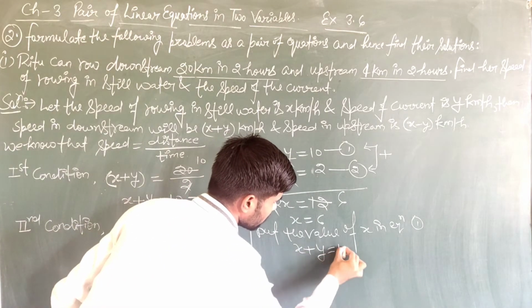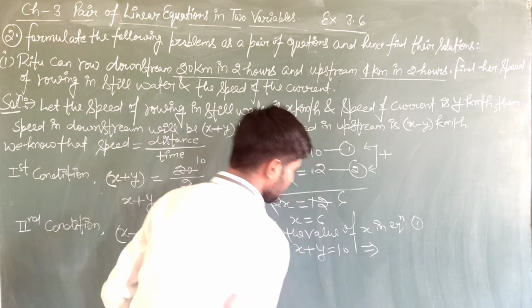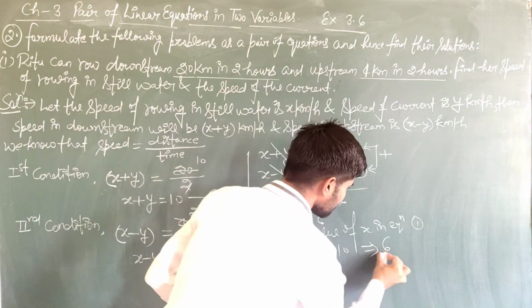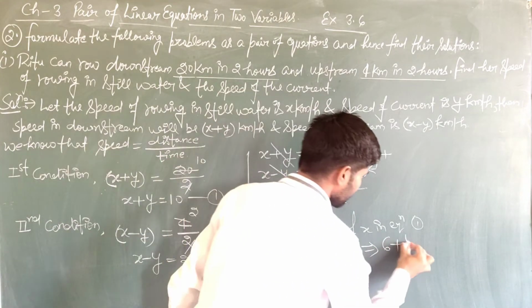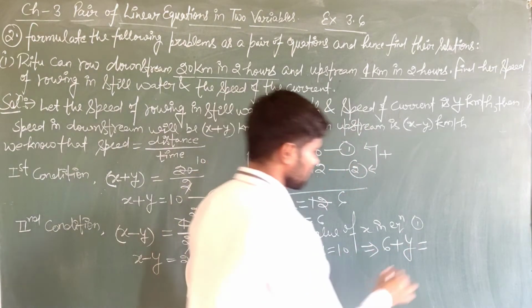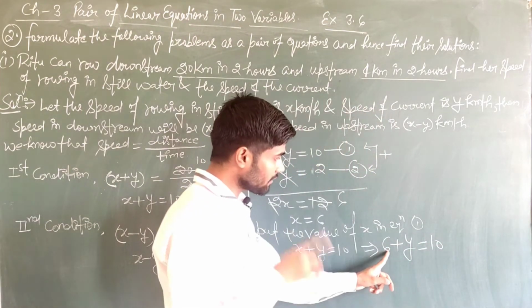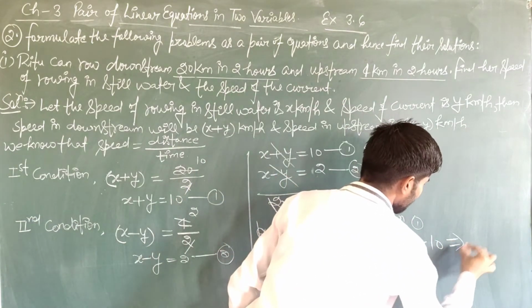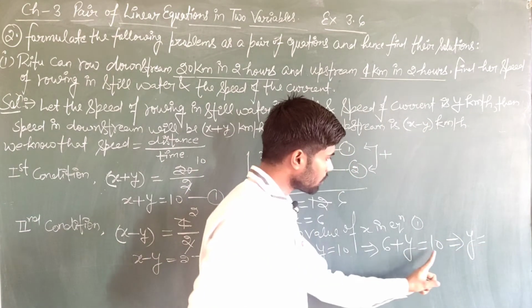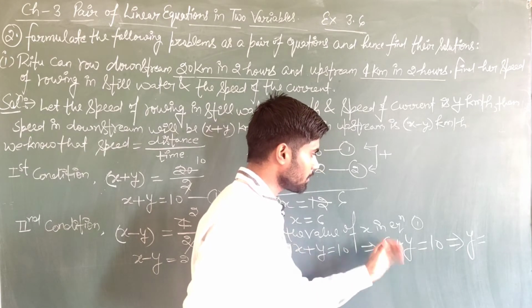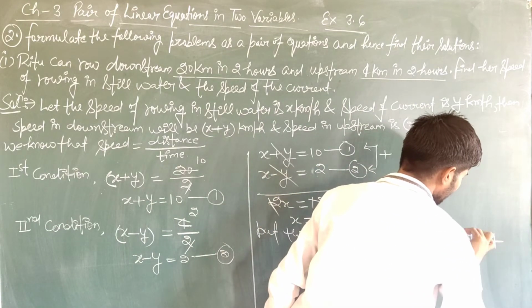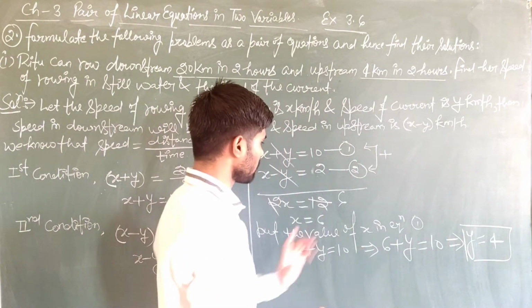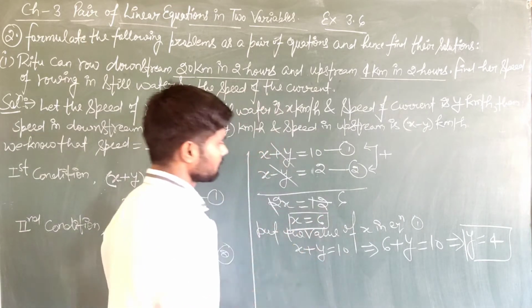Now we put x is 6, plus y, and we have to find the value of y: 6 plus y is equal to 10. 6 is positive on the left side and it will be negative on the right side, so y is equal to 10 minus 6, which is 4. Hence y is equal to 4 and x is equal to 6.